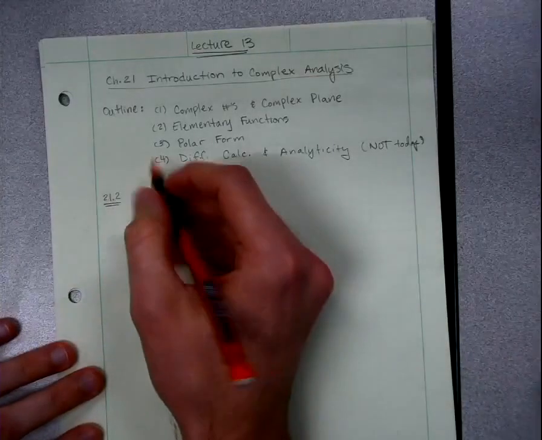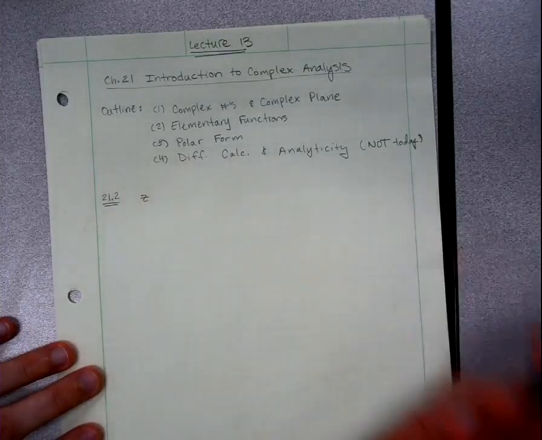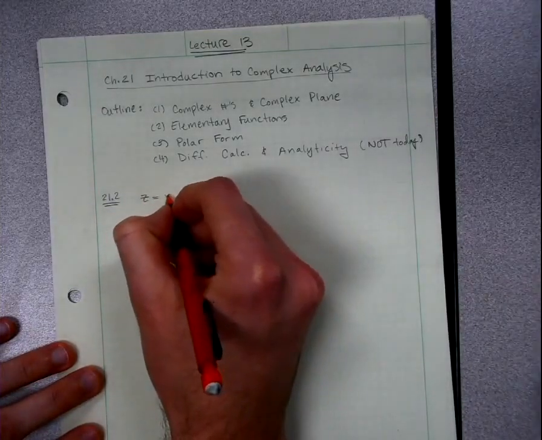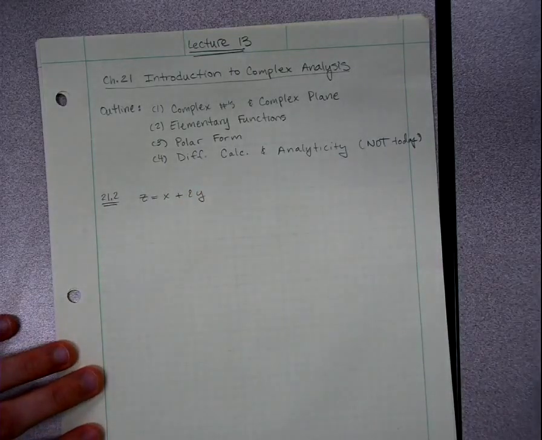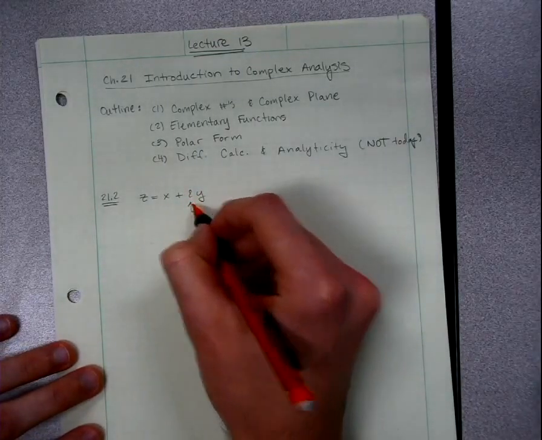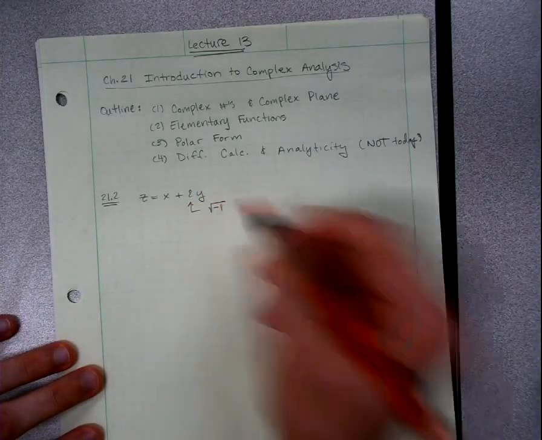So we're going to define our complex number as z, and it's going to be z equals x plus iy, where i, as you guessed it, is the square root of -1.